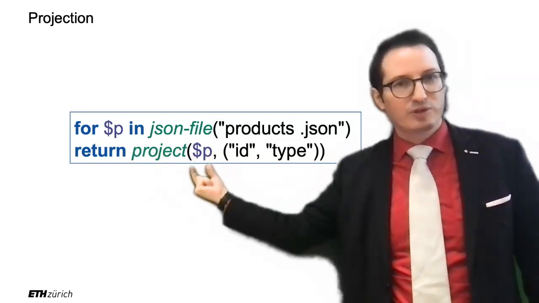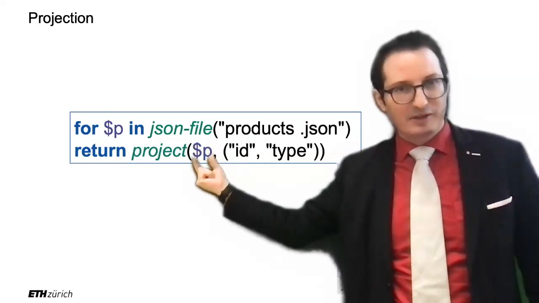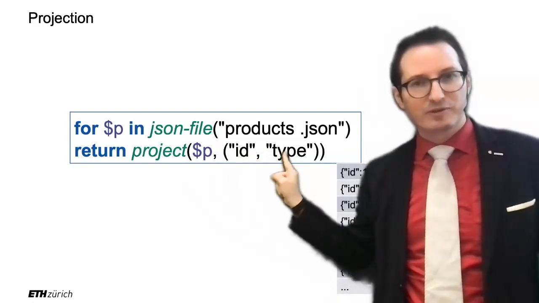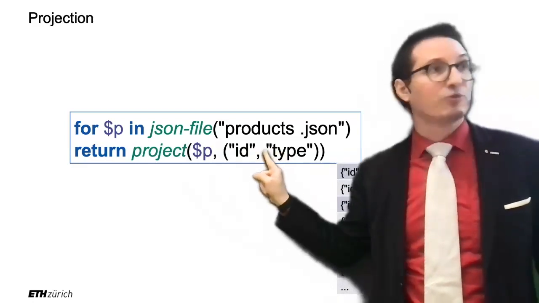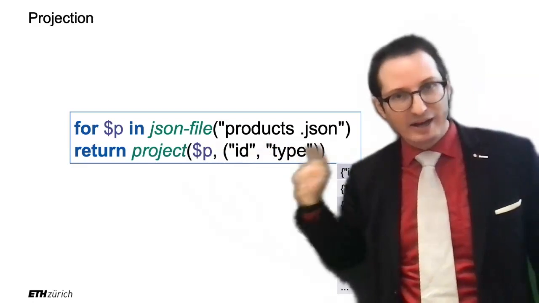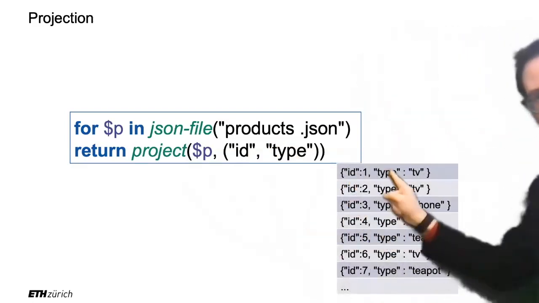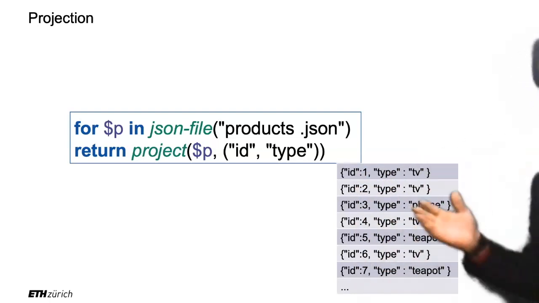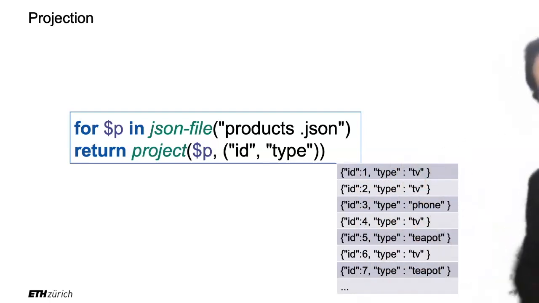It takes an object as a parameter like this, that's the first parameter, and here you specify the list of the keys of the object you want to keep, right? So that's projecting to ID and type, and you get ID and type as desired, and the third one is thrown away, the third column or the third key, all right?